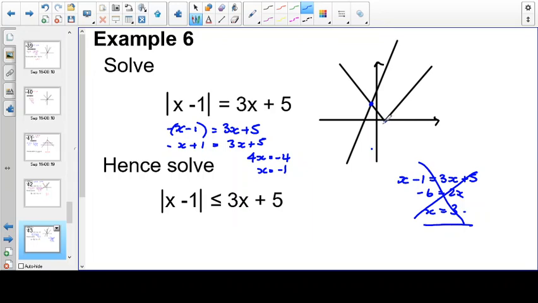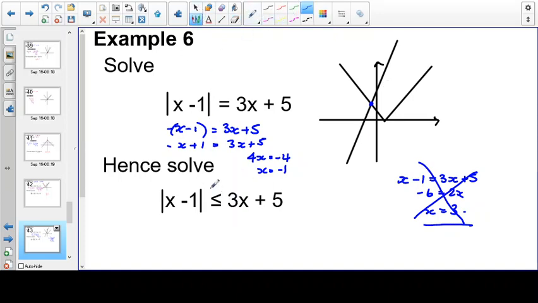This one here, if that was to carry on, that would be that solution there. But it doesn't actually exist because that's the modulus function, not just the rest of the line. So you must sketch the graph to make sure you don't end up working out extra solutions.